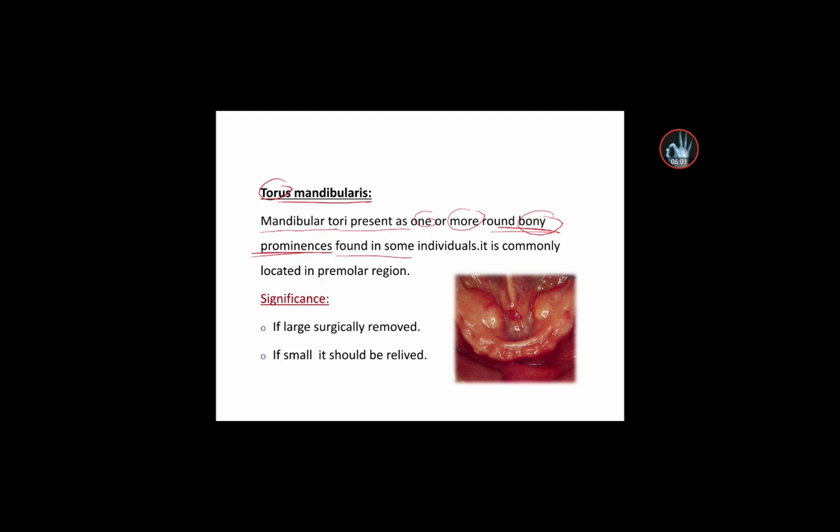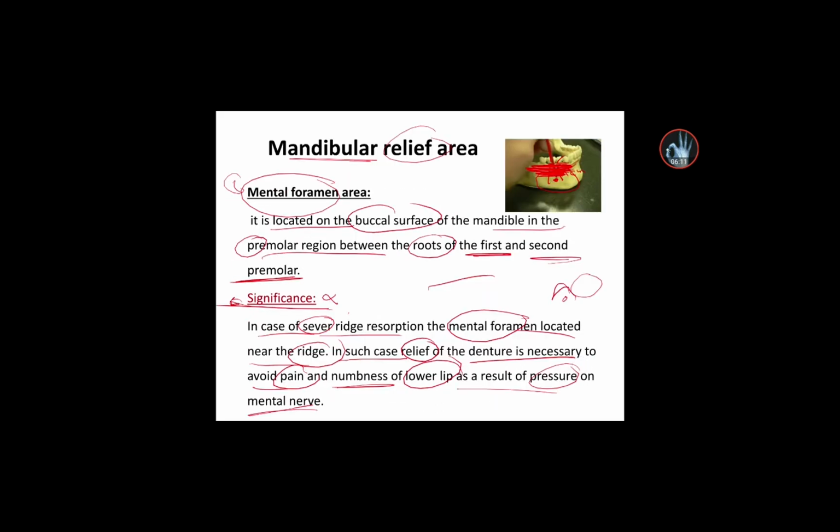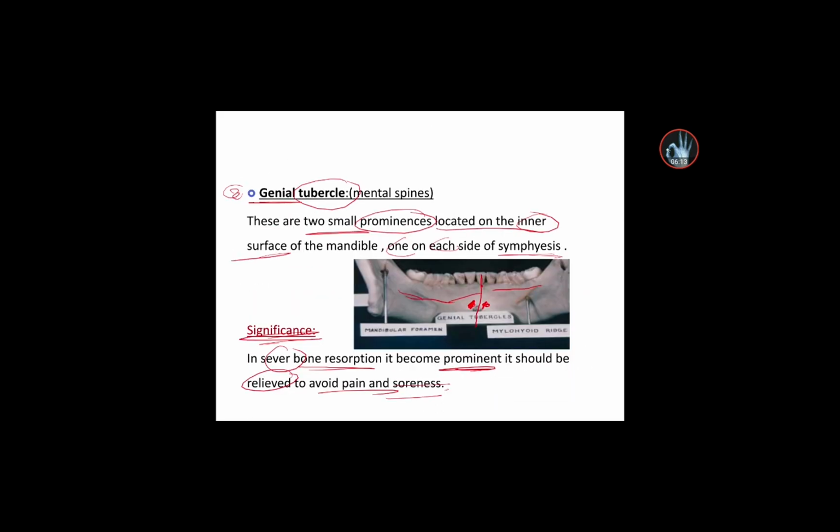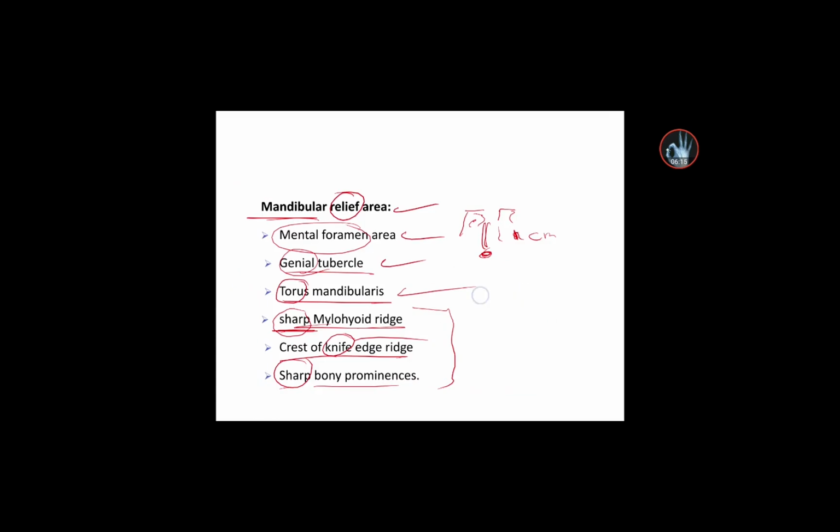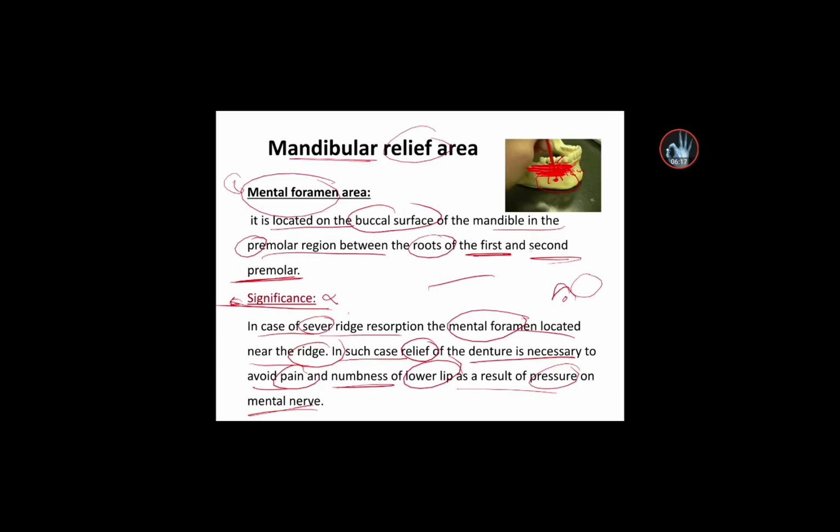They are found in some individuals. It's commonly located on the premolar region. So the MCQs, okay, and also here I forgot it. Yeah, here, okay, or here, between two premolars. MCQs. Okay, important.